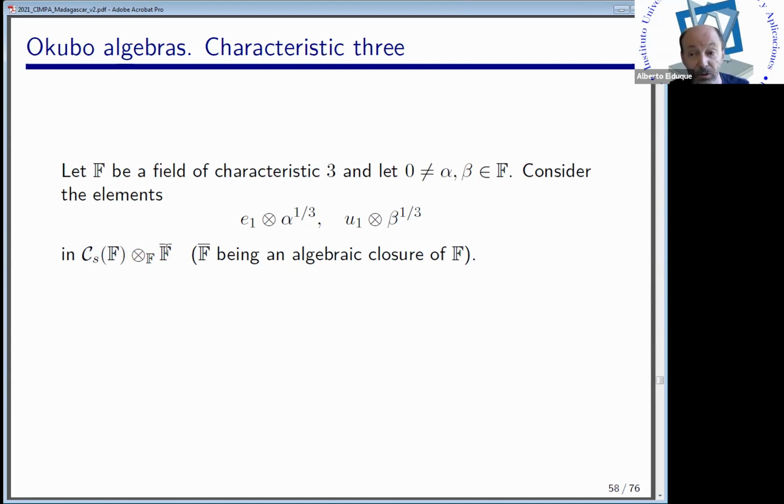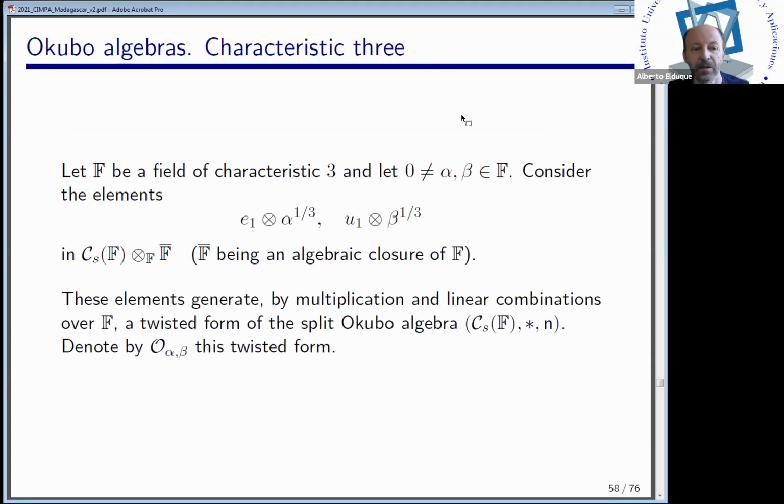These cubic roots are unique, so this is well defined. Okay, and now take all the elements that are obtained by multiplying these two things, and then multiplying with the results you obtain, and so on, and taking linear combinations with coefficients in F, not in F bar, in F. Okay, and if you do that, you just multiply and take linear combinations over F.